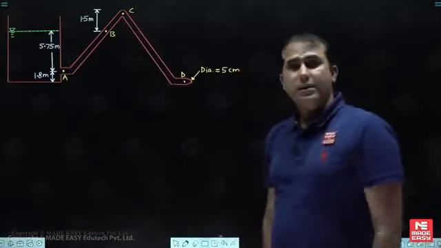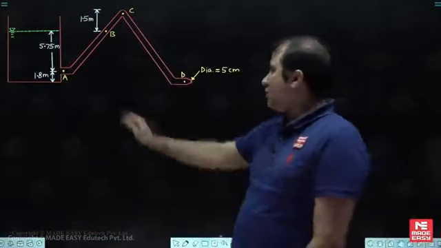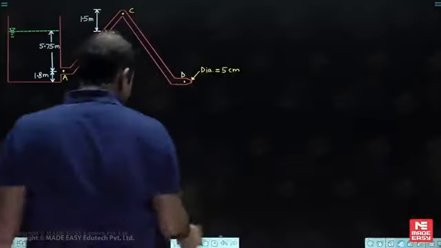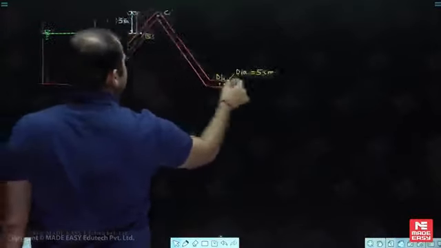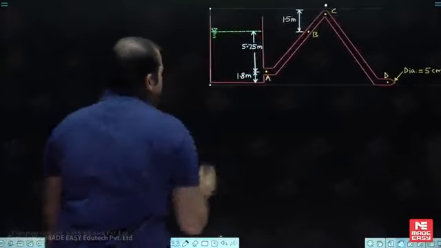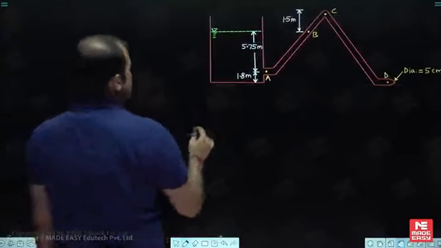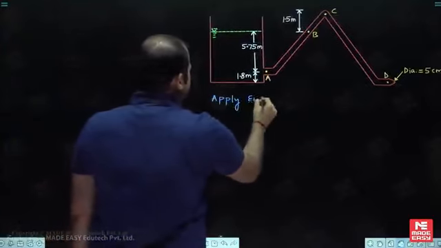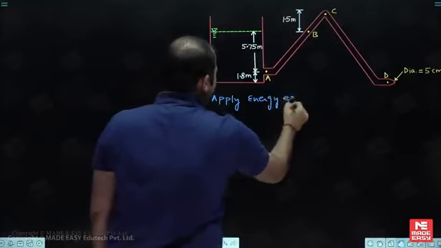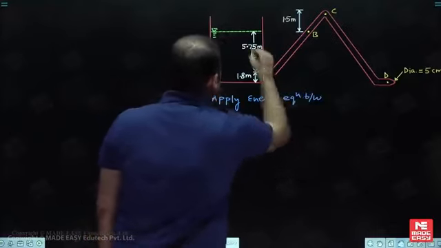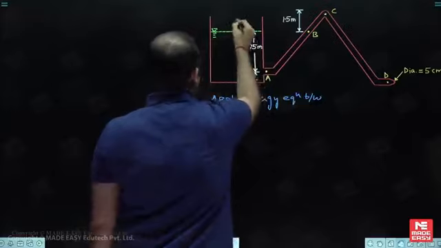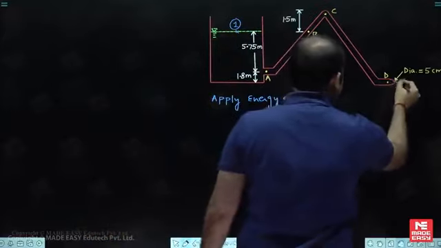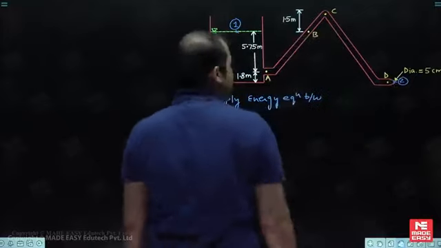For B, C and D, I am going to apply the energy equation between 1 and B. Now see. So apply energy equation between, my dear, this is 1, this is 2. Okay.